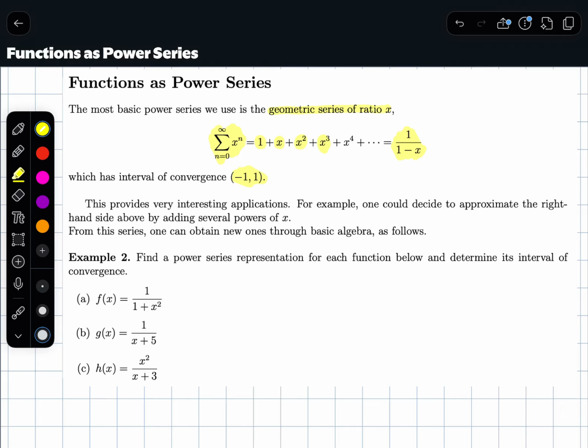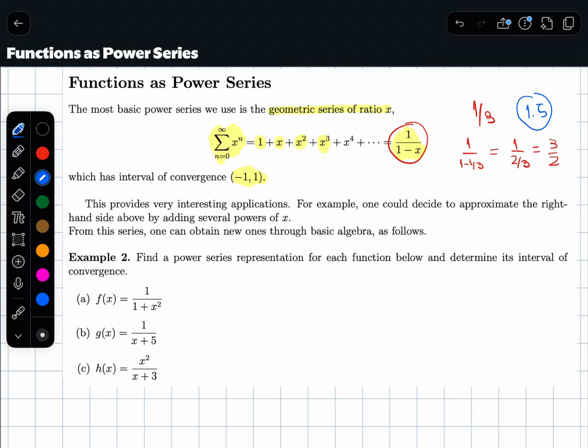One of the interesting things that you can do here, like I said, is approximating. Let's say I have x equals 1/3, for example. If I want to do the right-hand side, that would be 1 over 1 minus 1/3, which would be 1 over 2/3, which would be 3/2. I know this is exactly 1.5, sure, but I'm double checking my math here.